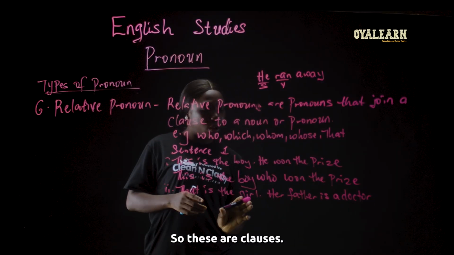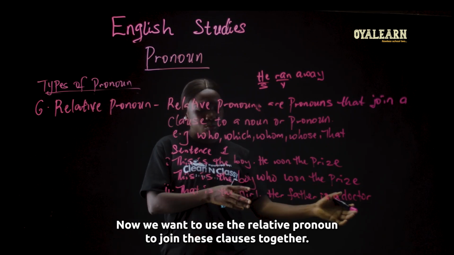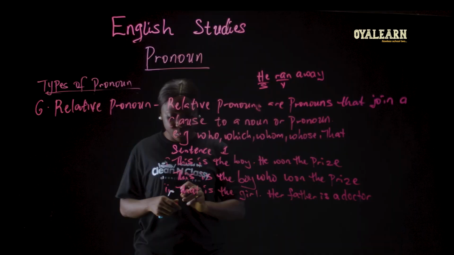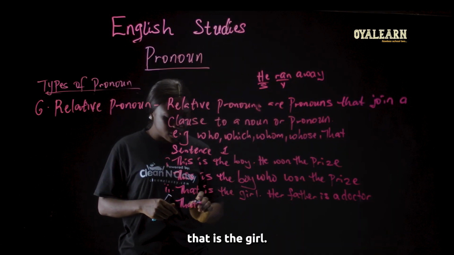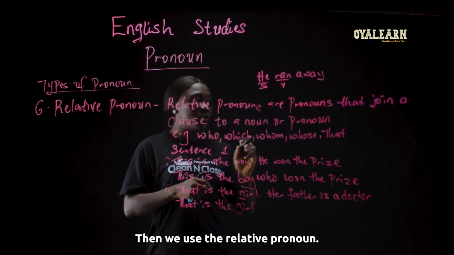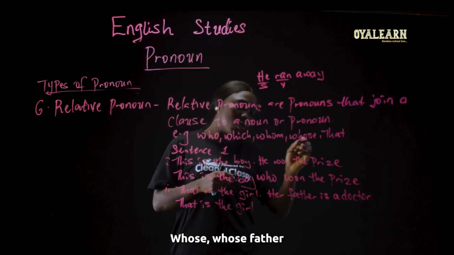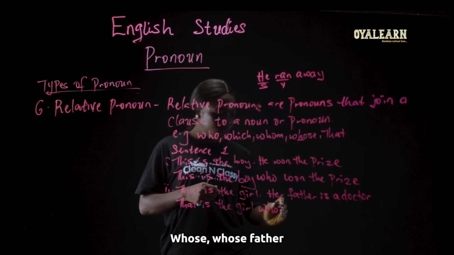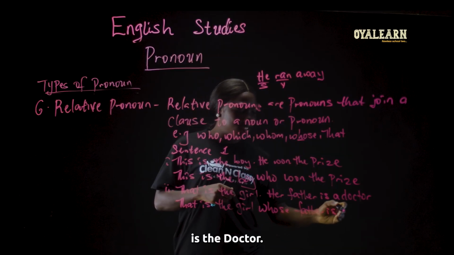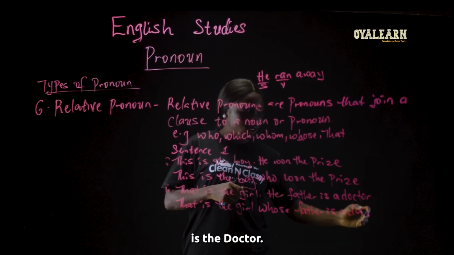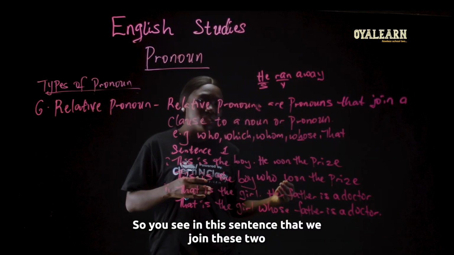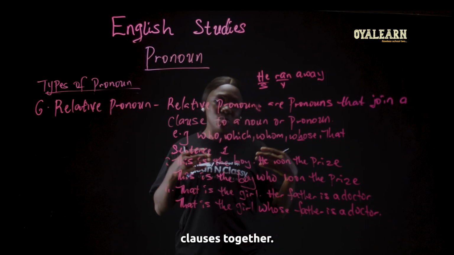So these are clauses. Now I want to use the relative pronoun to join these clauses together. So we say, that is the girl whose father is a doctor. So you see in this sentence that we've joined these two clauses together.